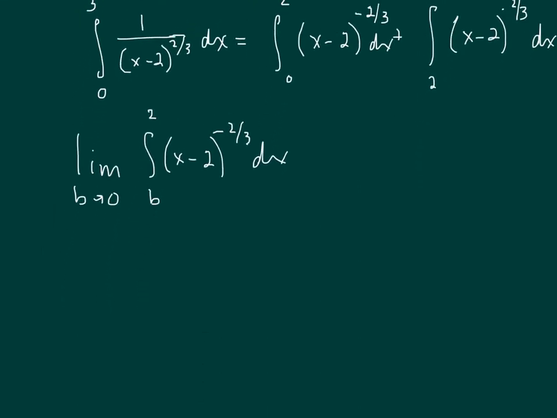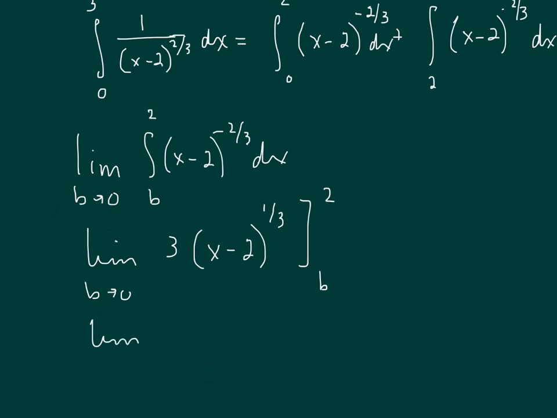I'm going to take the antiderivative. It's really u substitution, but let's not be bothered. We know we're going to get x minus 2, and if we add 1 to the exponent, that's going to give us to the 1/3, times 3. And we're going between 0 and b.